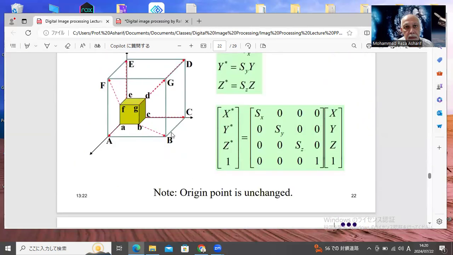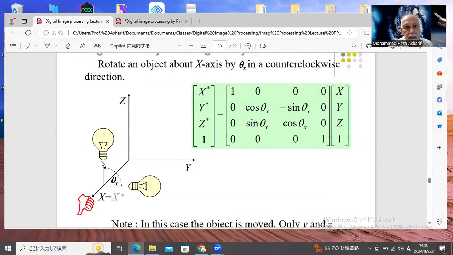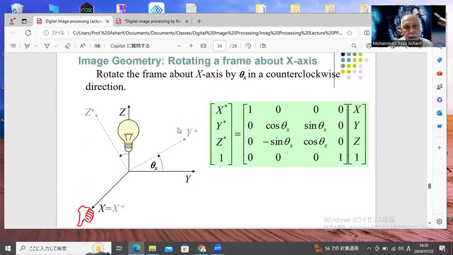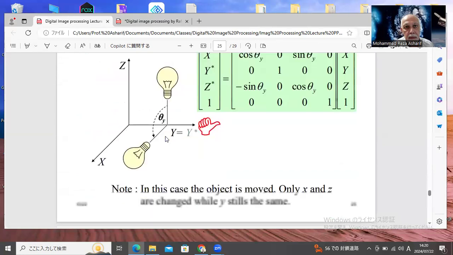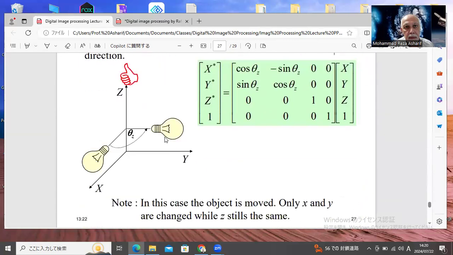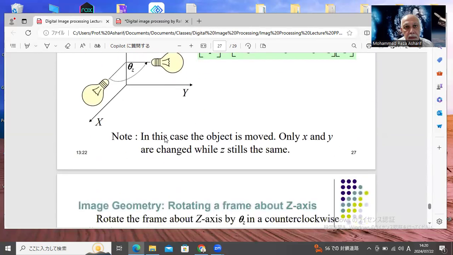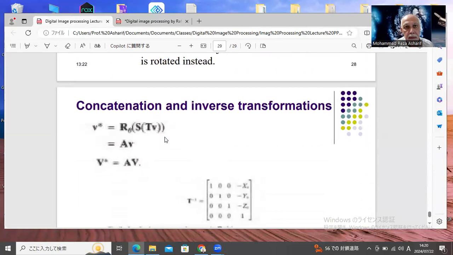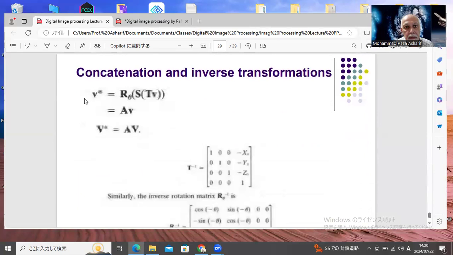And the scale is this, as I told you before, and the rotation around the x-axis, y-axis, and frame rotation, and z-axis rotation, and frame rotation around the z-axis, and concatenation and inverse transformation will be performed with the multiplication of the matrices in order.